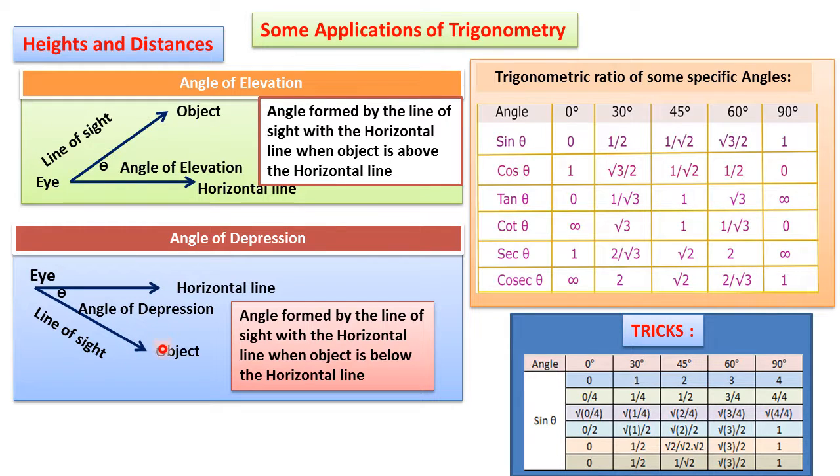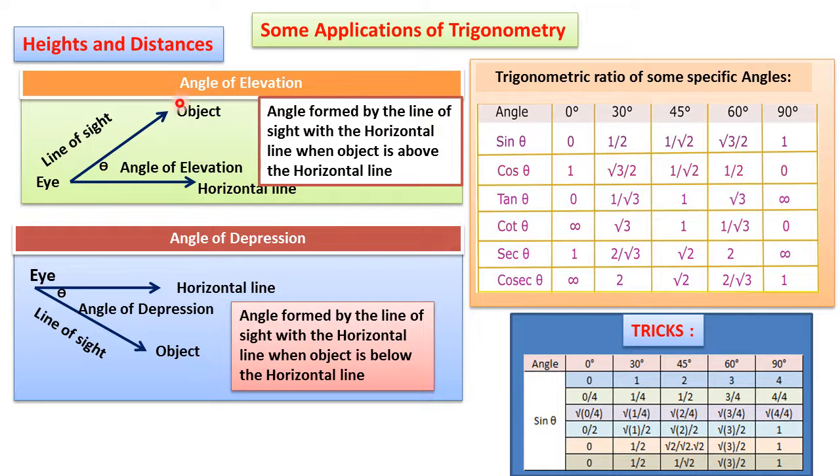I hope you are able to differentiate between the angle of elevation and the angle of depression. Angle of elevation is when the object is above the horizontal line, and angle of depression is the angle formed between the line of sight and the horizontal line when the object is below the horizontal line.